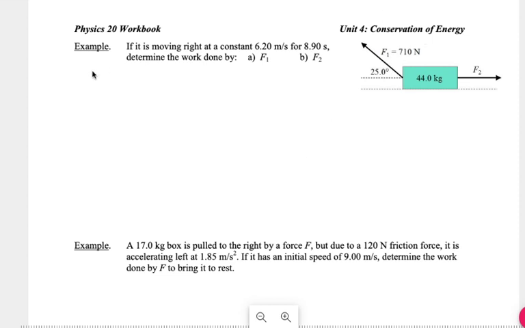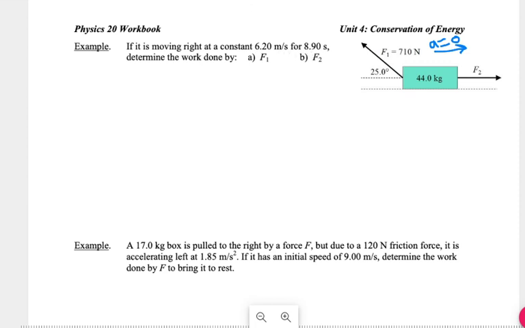So if we have this block moving right at a constant velocity, there are a couple key things here. We know that we're moving to the right at constant velocity, which means our acceleration is 0. We have a constant velocity and a time.